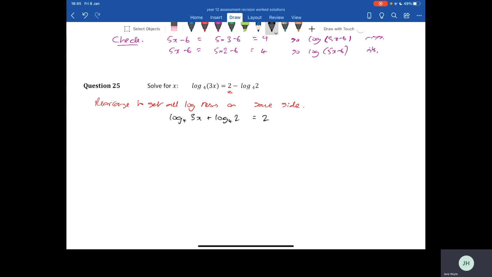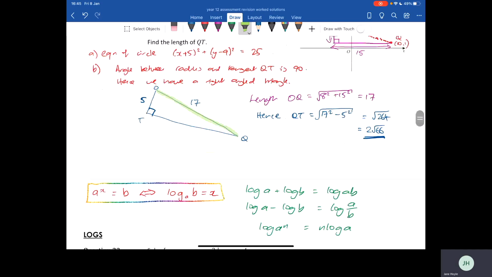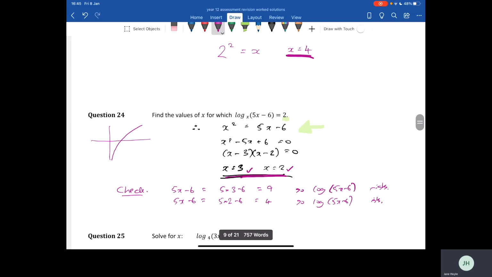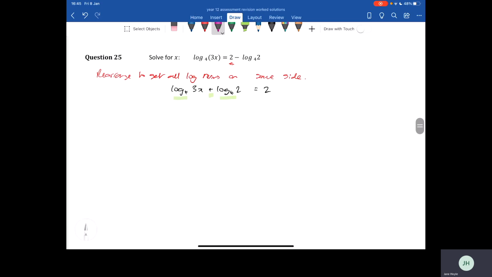Now that I've done that, we can use some log rules, because we have got two individual logs to the base 4 and we've got a plus there. I can write those as a single log by using my multiplication addition rule.